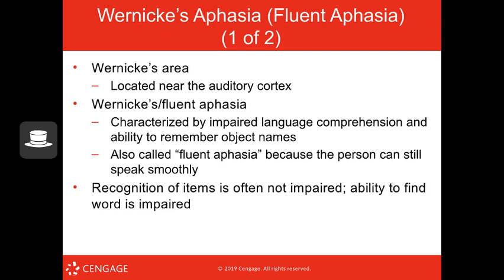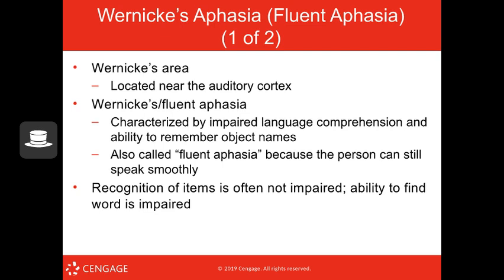So the function in the brain where, like, I'm trying to talk about aphasia, but I can't remember the word necessarily.